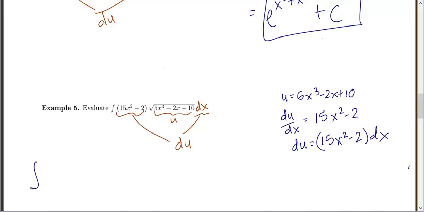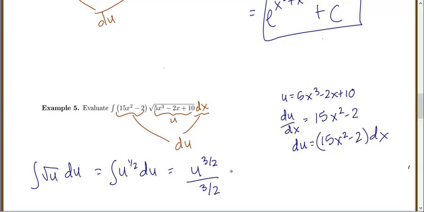So I could rewrite this as the integral of square root of u du. Or I could rewrite it as u to the 1/2 du. So now we just take the integral. So this will be u to the 3/2 divided by 3/2 plus c.